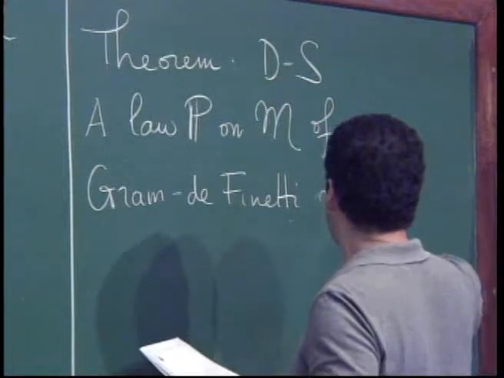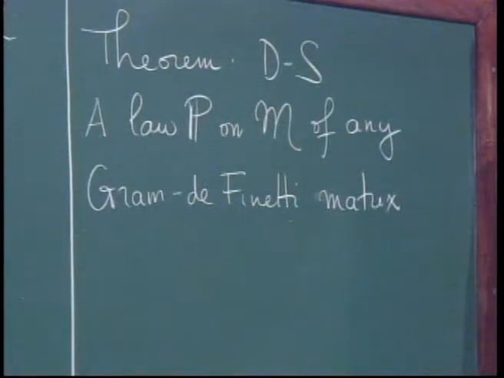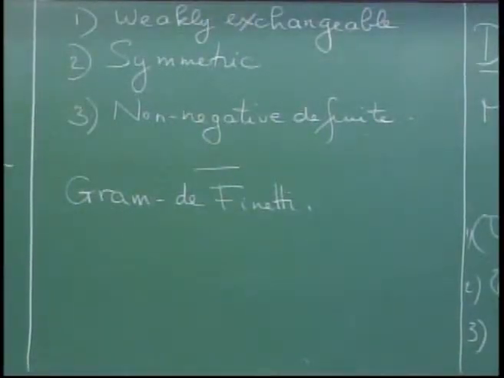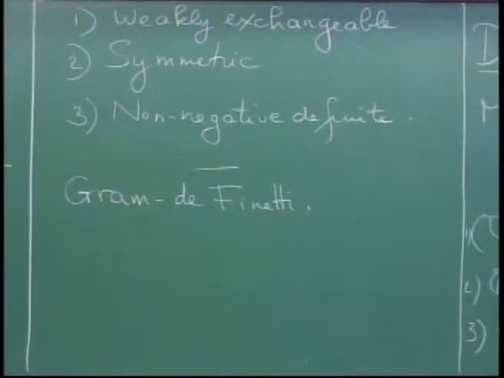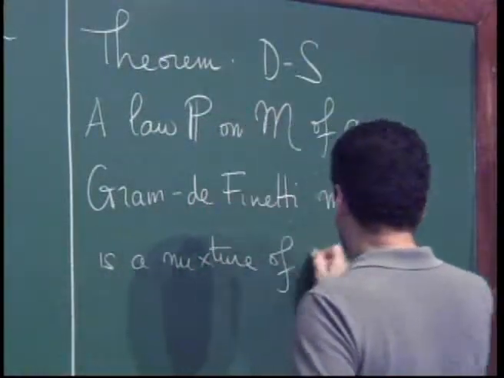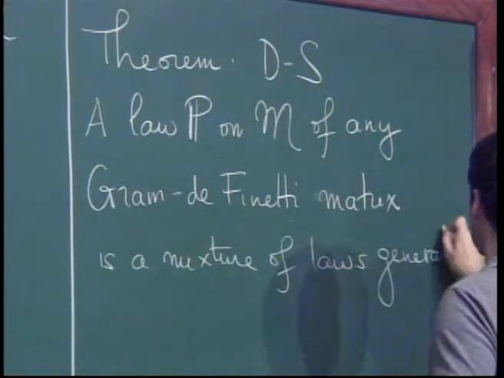I didn't say what Gram-definite means. Gram definity means this. If you don't want this name, just say satisfying properties 1, 2, 3. Then P is a mixture of laws generated by IID samples.